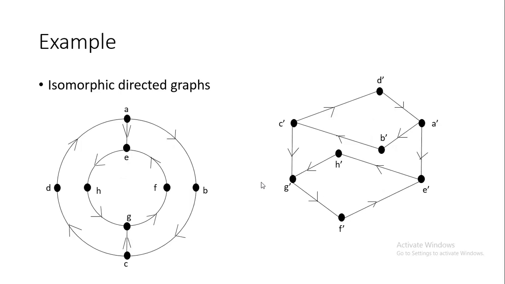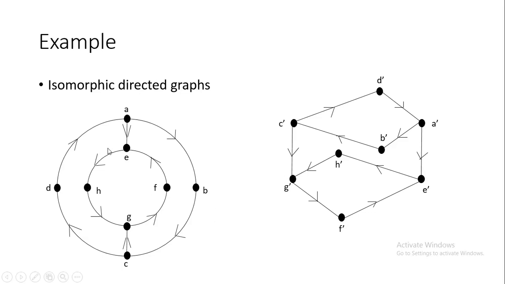Similarly, these are isomorphic graphs but directed graphs, because each and every edge is directed. That's why we call them isomorphic directed graphs. Why are they called isomorphic graphs? Because for each and every edge, the corresponding edge is also present in the other graph. In the first graph, the AE edge is there, the corresponding vertices A dash and E dash are there, and their edge is also present in the other graph.